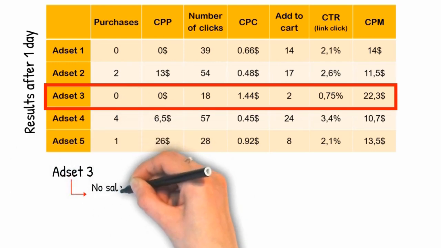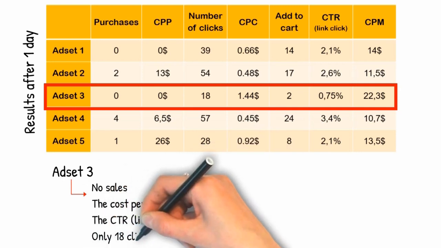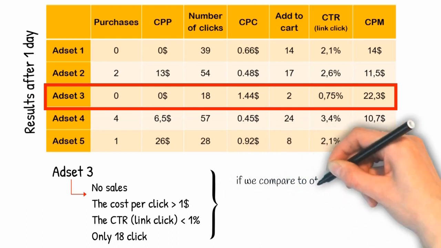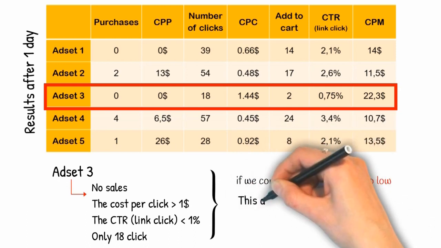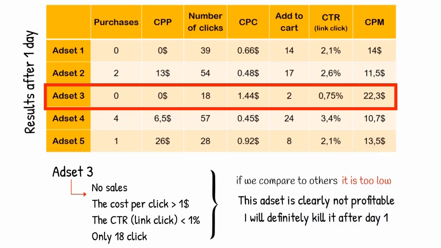We see here no sales. The cost per click is over $1 and the CTR link click is less than 1% and we have only 18 clicks. If we compare this ad set to others, it's too low. This ad set is clearly not profitable. I will definitely kill it after day 1.